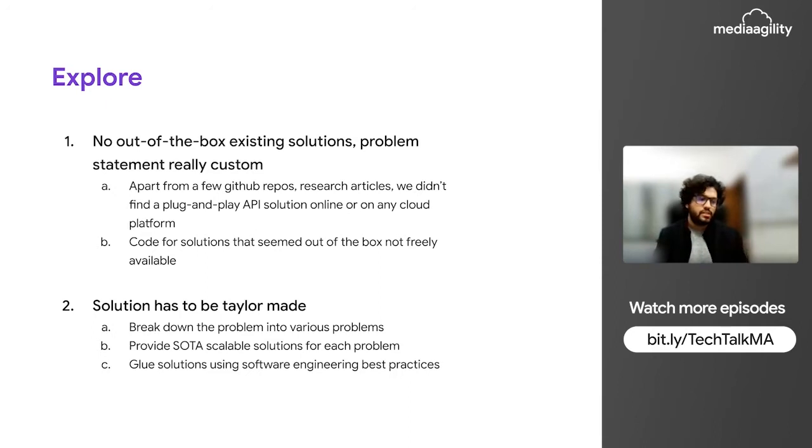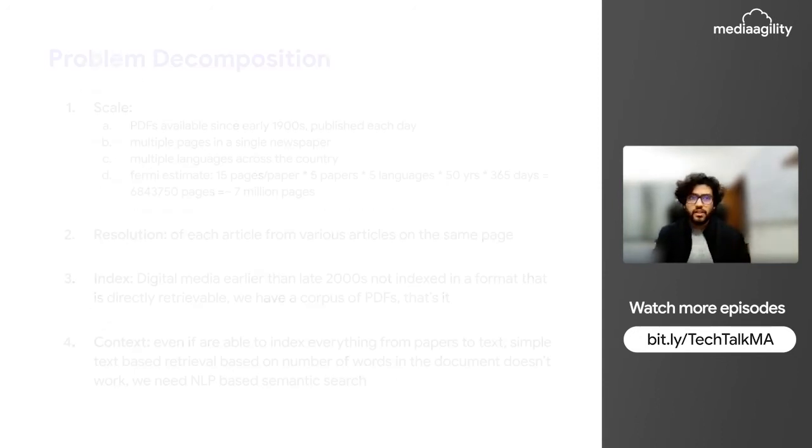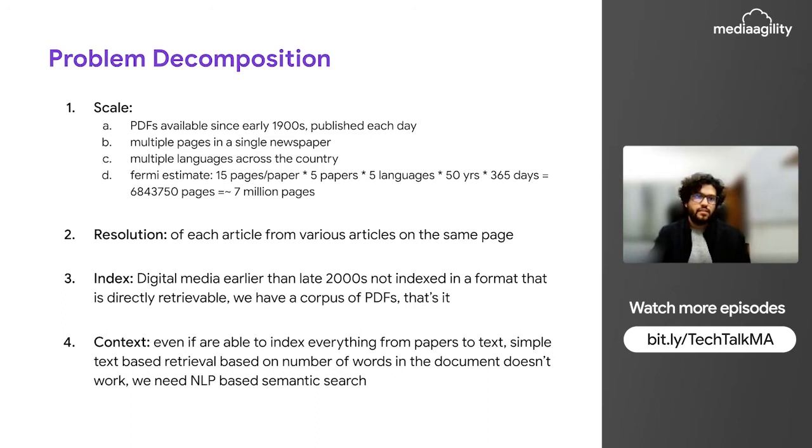What do we do? We just break it down into a software engineering problem, and provide state-of-the-art scalable solutions for each problem, and then just glue them together in a microservice architecture, and use software engineering best practices for that.